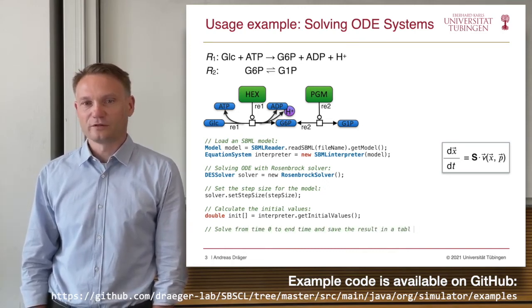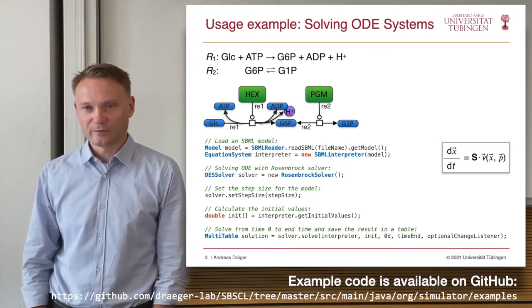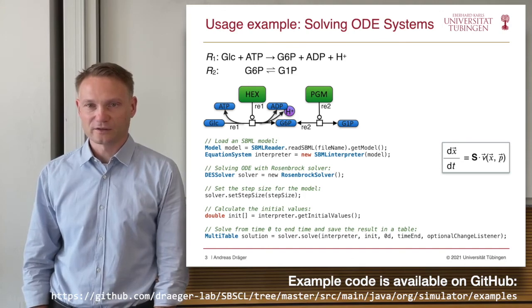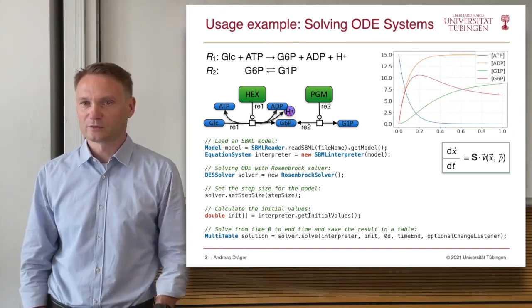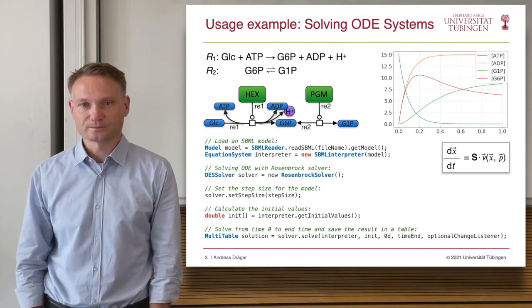So to this end you simply say solution equals solver.solve, and you give them all these variables that are needed, end time and start time, and it returns you a table with values of concentrations and also flux values that can then be the basis for plotting the result, for instance here like this, in your favorite plotting environment.